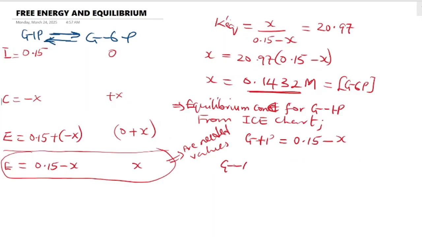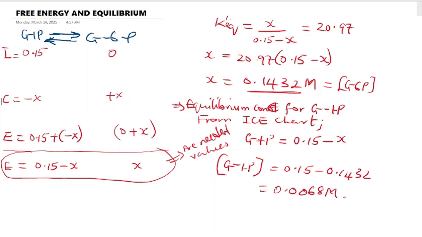So the equilibrium concentration for glucose 1-phosphate is now equal to 0.15 minus 0.1432 molar, and what that gives you is 0.0068 molar, and that is the equilibrium concentration for glucose 1-phosphate.